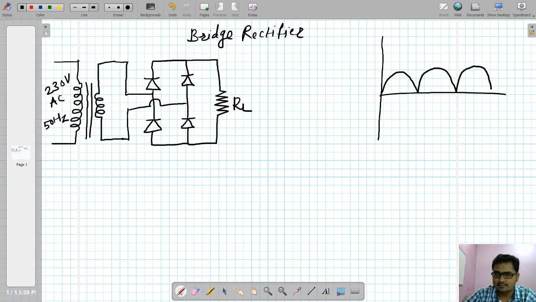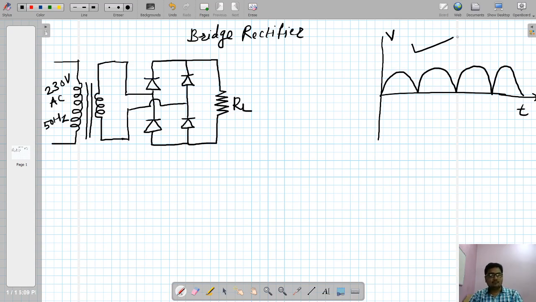Look at this. This is the output waveform. Now you can treat this as current with respect to time, or you can call it voltage with respect to time, because current waveforms and voltage waveforms are both the same in case of rectifiers. Those are output waveforms for bridge rectifier, and we know that we got the same waveform in case of center tap full wave rectifier.